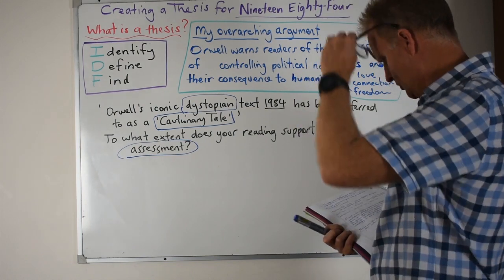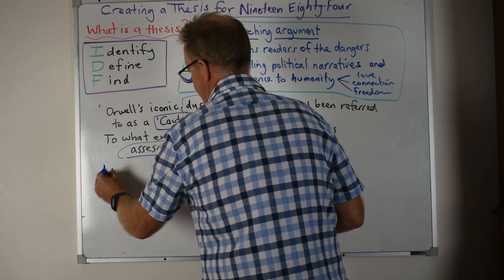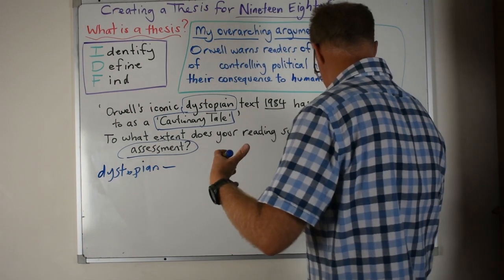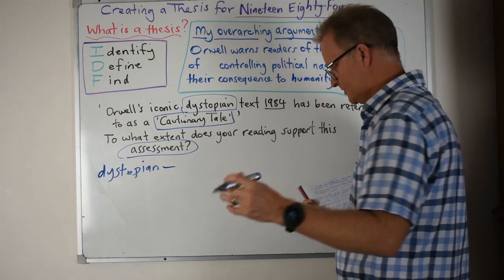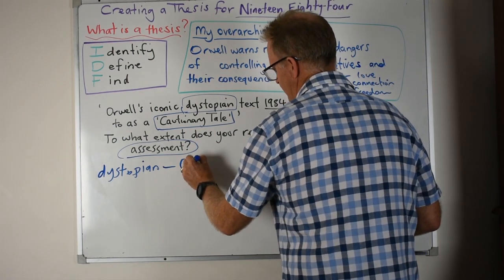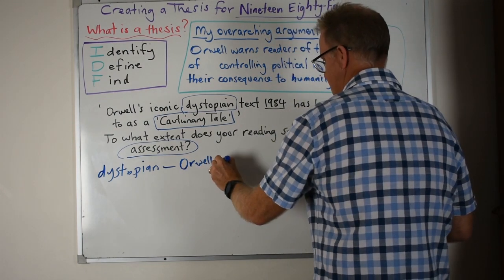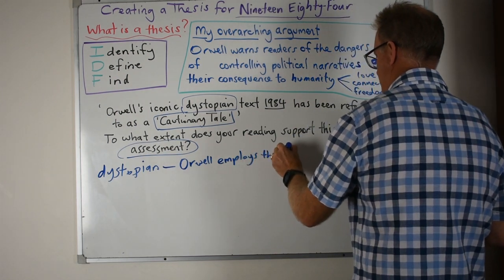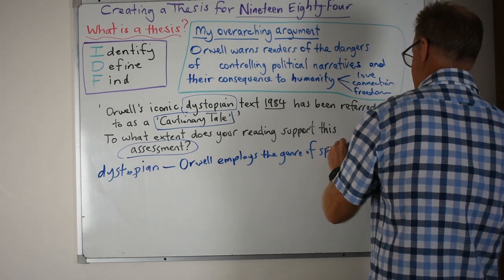Okay, so when we're talking about a dystopian text, that really allows you to start talking about speculative fiction. So Orwell employs the genre of speculative fiction.